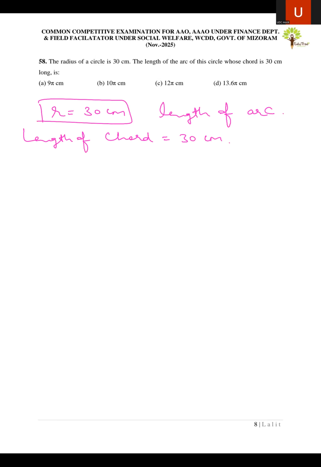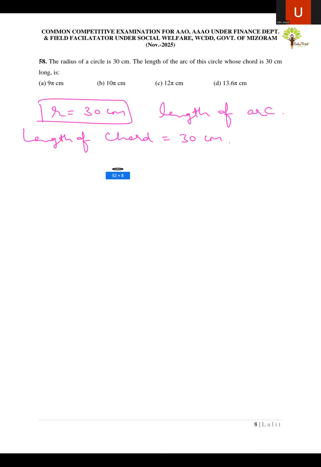So this question is from geometry, and there are some rules you have to remember while solving it. The radius of a circle is given to us. Let us draw a circle here.